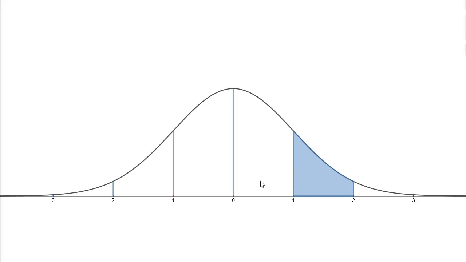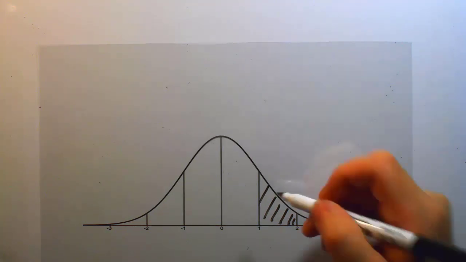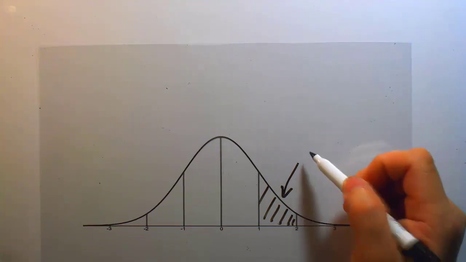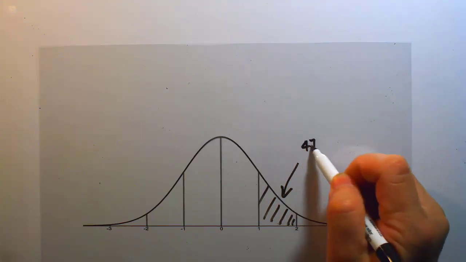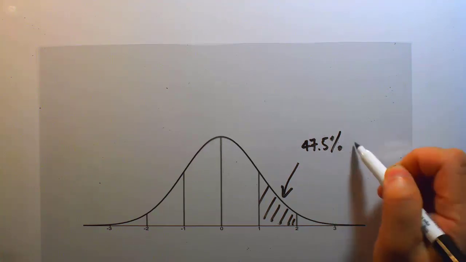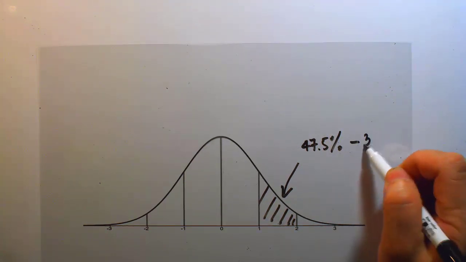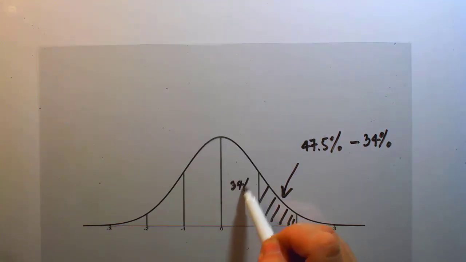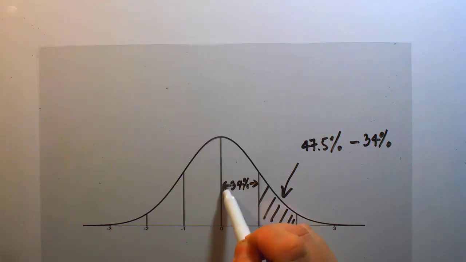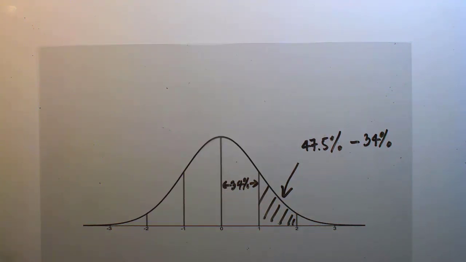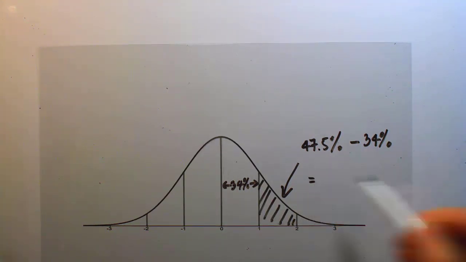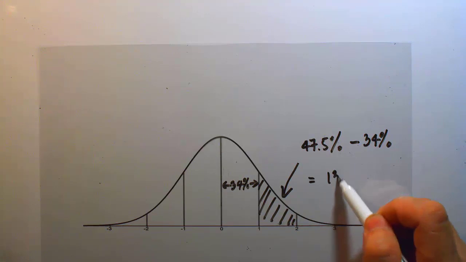And so the amount left right here makes sense to be, now we can express the math here, 47.5% but take away 34. So remind yourself that 34 was in here between the mean and 1 standard deviation away. And so this area being shaded now has to be 13.5%.